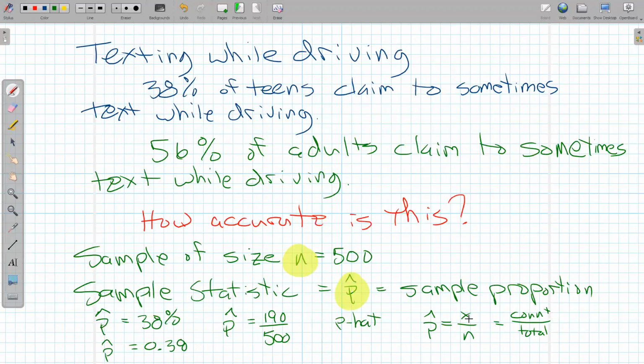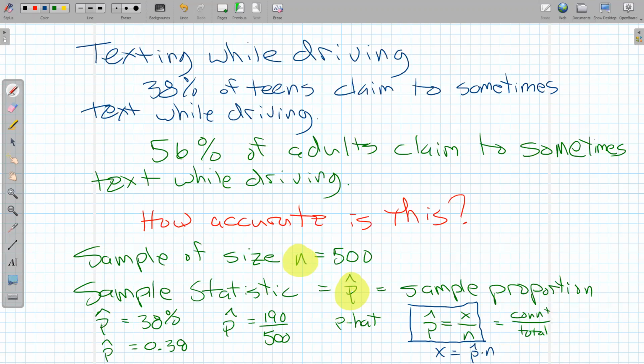I just figured out x was 190 by multiplying the percent by the sample size. Sometimes we might want to know the actual number instead of the percent. So I can rewrite that equation by multiplying the n to the other side: x is p hat times n.